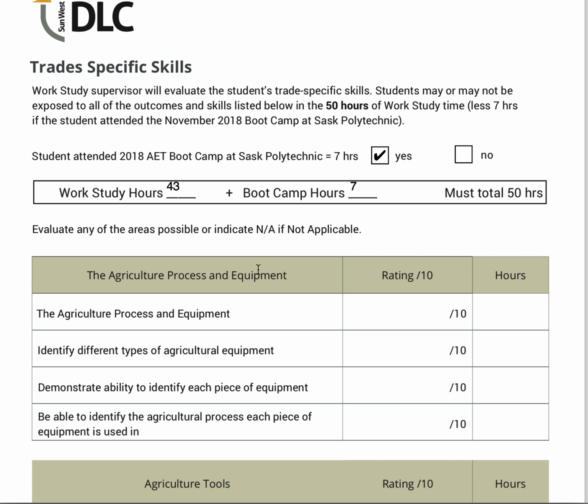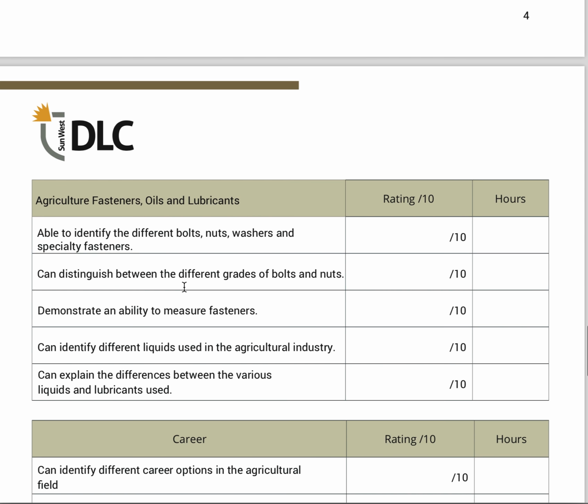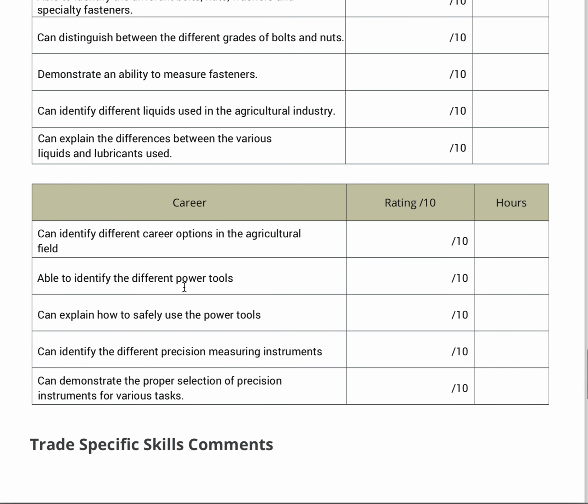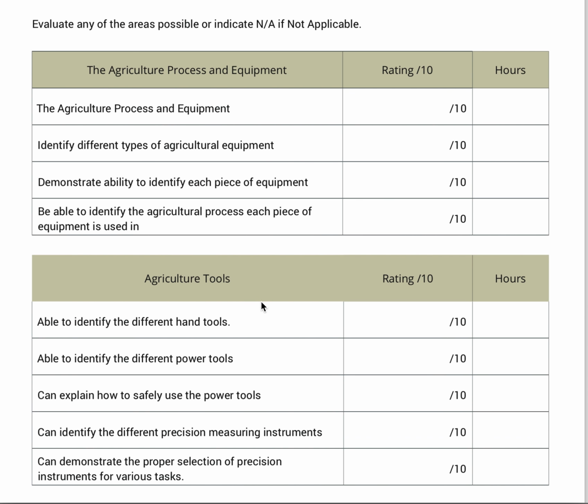So some of the topics that they learned in their theory are the agricultural processing equipment, the tools, fasteners, oils, and lubricants, and a career section. So when you are with the student in the work placement, if they are able to identify different types of agricultural equipment, as throughout their placement they are able to do that, I want you to give them a mark out of 10 there. And also if you could tell us about how many hours they would have spent doing that.